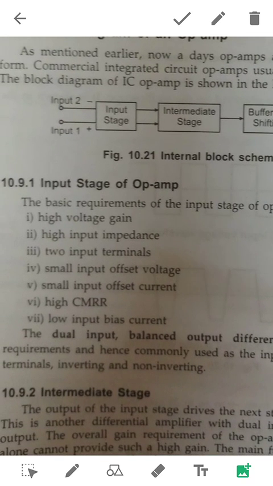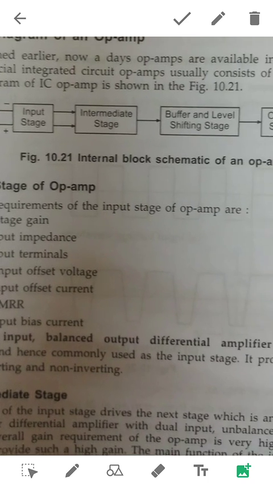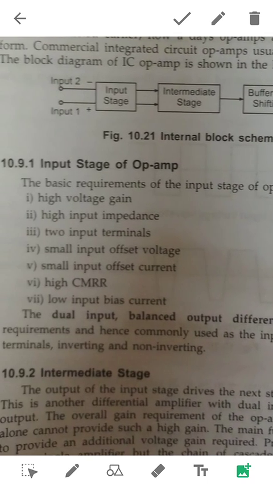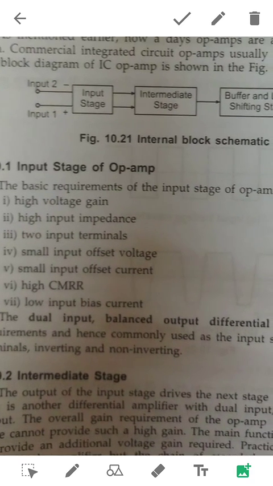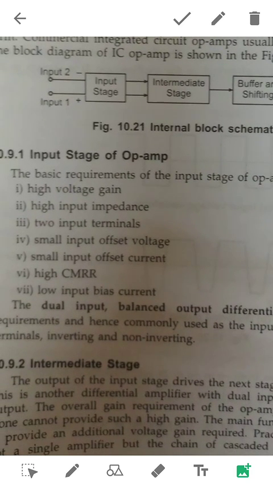input of the input stage. You can see the input stage of the block diagram, and what are the requirements of the input stage? It must have high voltage gain, high input impedance, two input terminals, small input offset voltage, small input offset current, and high CMRR, which means rejection.